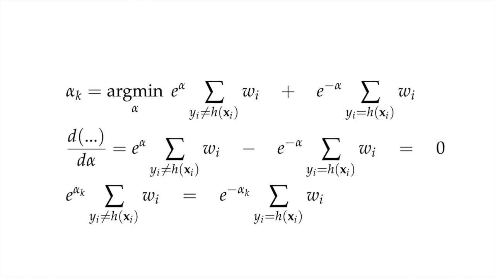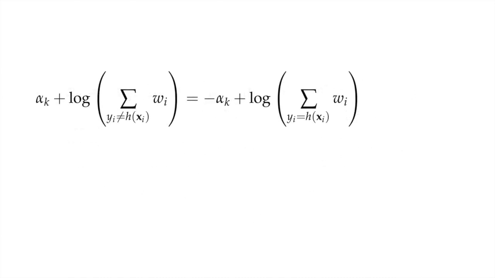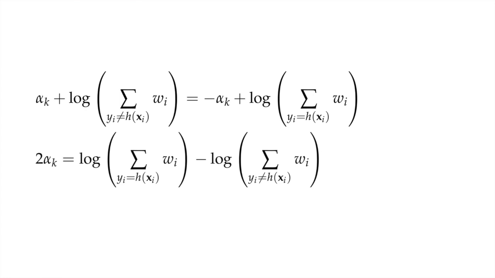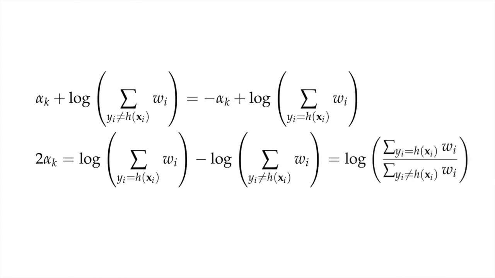This has the inconvenient exponentials in it, so let's just take the log of both sides. The result looks like this. Again, we can rearrange this, so we get 2 alpha k equals this difference of logarithms, but subtracting 2 logarithms is equivalent to taking the log of one divided by the other, and so we get an expression like this. 2 alpha k equals the log of the sum of the correctly classified weights over the sum of the incorrectly classified weights.